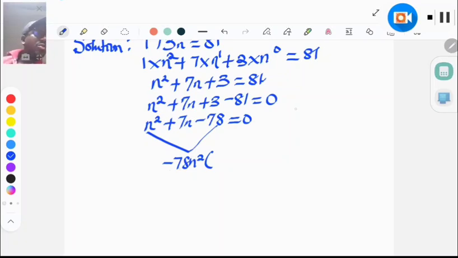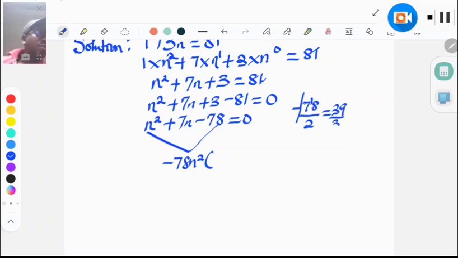A very easy way to go about it is we can say negative 78, since 2 can go, but let's ignore the negative sign for now. 2 in 7 is 3, remainder 1; 2 in 18 is 9. So 39 times 2 will give me 78, but 39 plus or minus 2 can never give me 7.